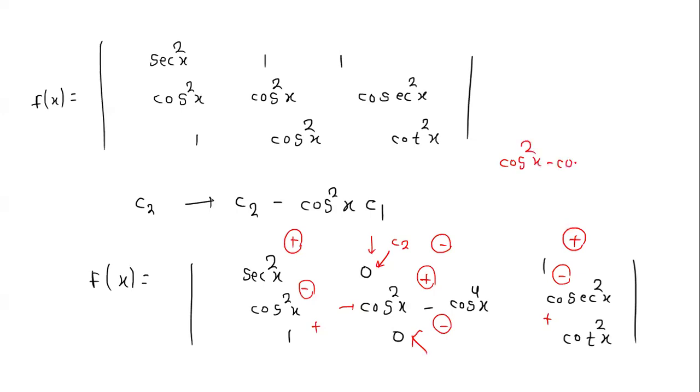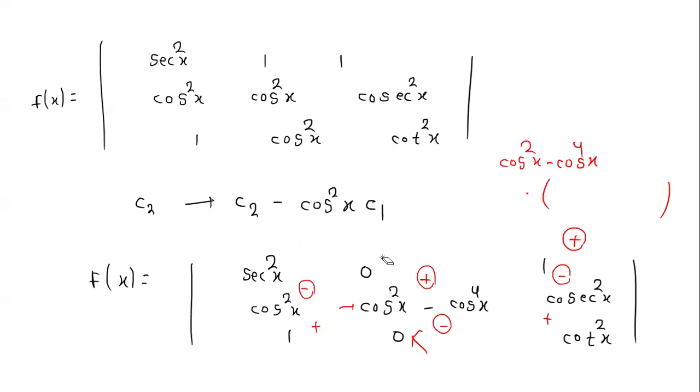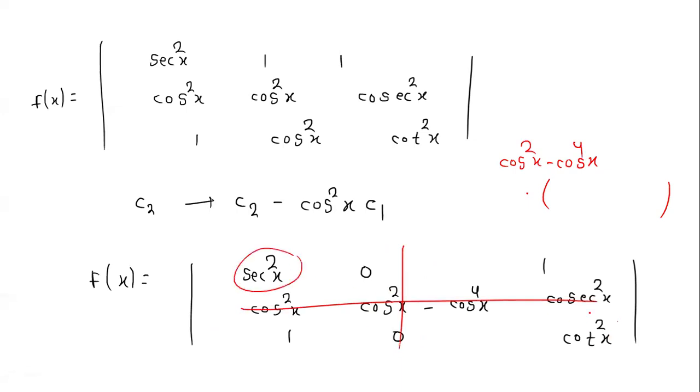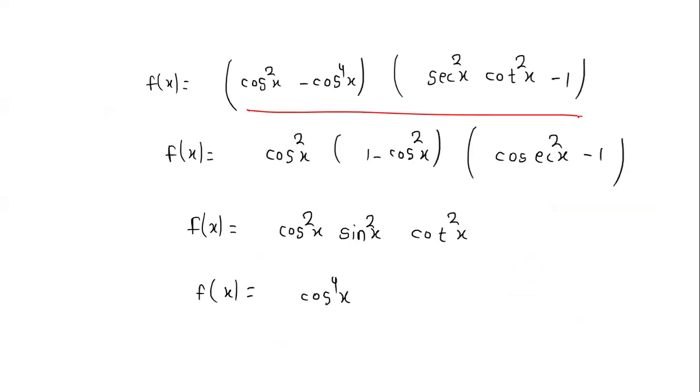So the value of this determinant becomes this element multiplied by this element, which is sec of x whole square multiplied by cot of x whole square, and there is a minus 1 here. In this way we can simplify this determinant, and we have f of x equal to this.